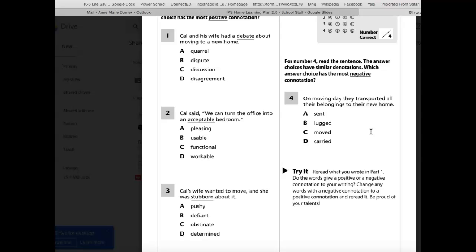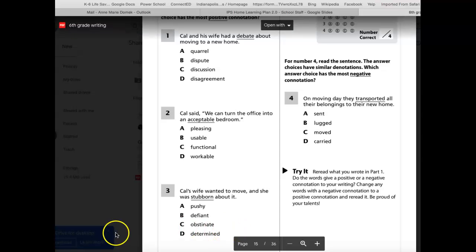Which one of those would have the most negative connotation? Now it says reread what you wrote in part 1, that's your journal entry. Do the words give a positive or a negative connotation to your writing? Change any words with a negative connotation to a positive connotation and reread it.